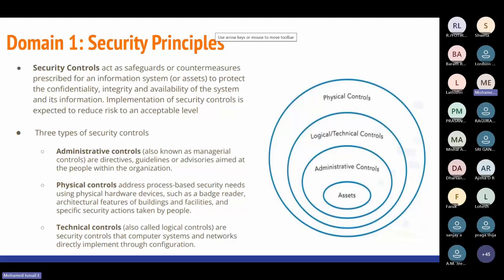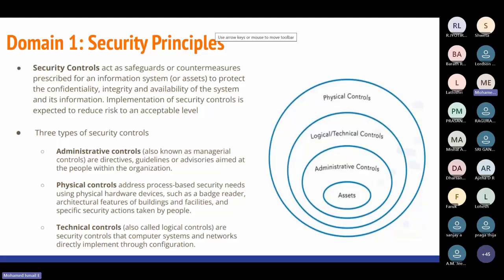Because we think that only protecting computers and networks or websites is cybersecurity. No, really no. If you are hearing this for the first time, then you will read more about it in this exam about security principles. We need to understand these three key levels: administrative, physical, technical, or logical. Technical, they always call it logical control as well.